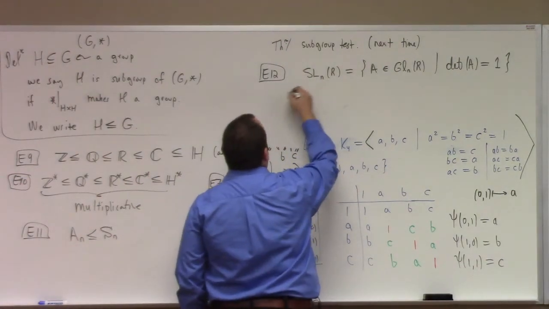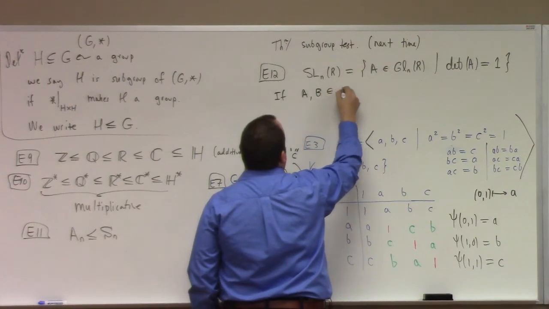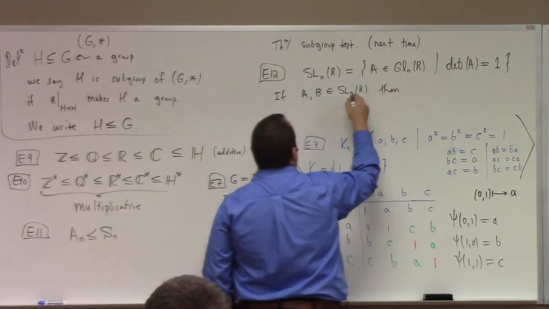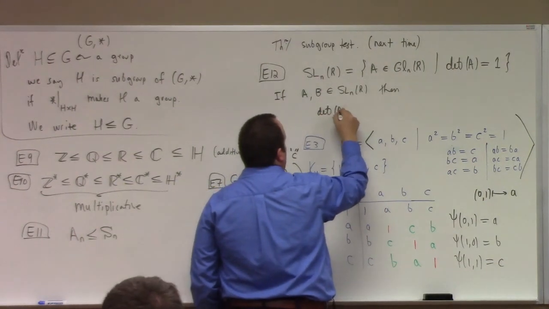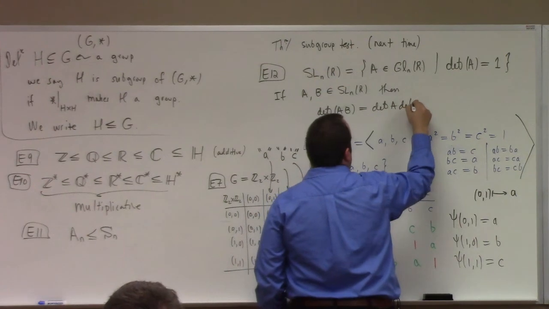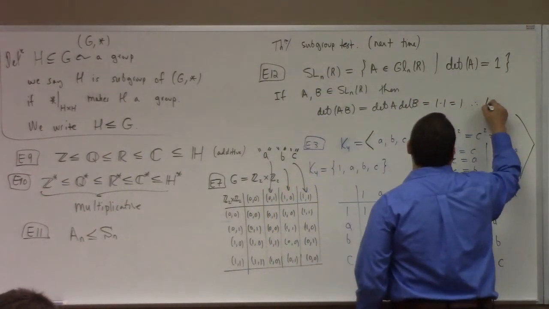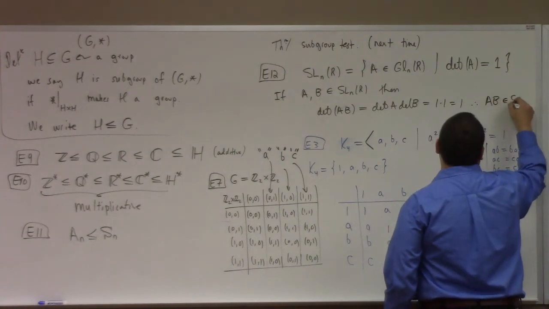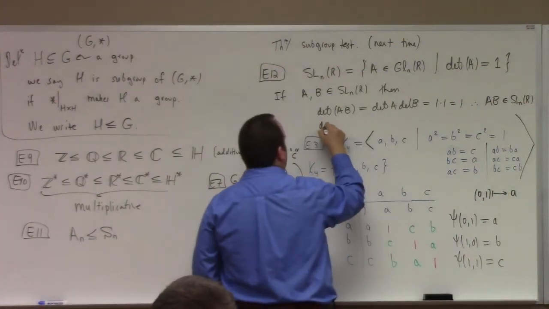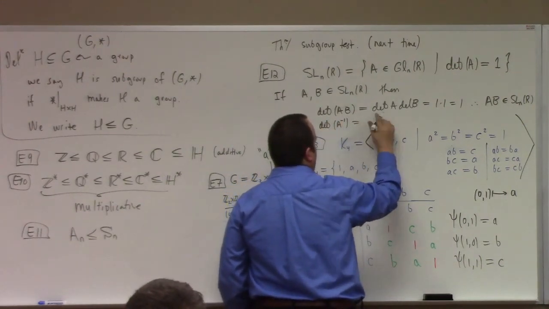Because if A and B are in SL_n(R), then you can notice that the determinant of AB is the determinant of A times the determinant of B, also known as 1 times 1, which is 1 again. So therefore, AB is in SL_n(R). And also, you can easily prove the determinant of A inverse is the determinant of A, inverse.